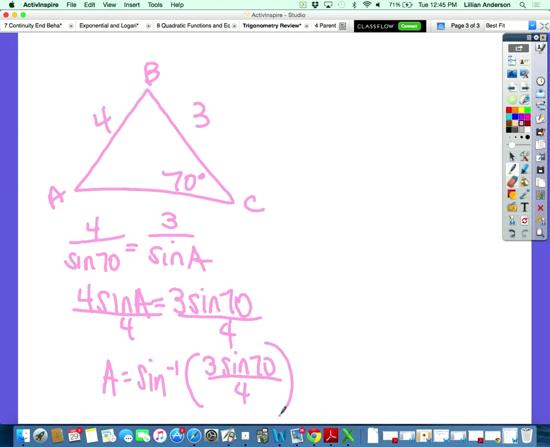Alright, what did you guys get? 44.8? Alright, so that's the first thing you do, okay? And it's at this point that you would check for the ambiguous case. Remember, to check for the ambiguous case, you take the angle that you just found and, this is step 2, you subtract it from 180.